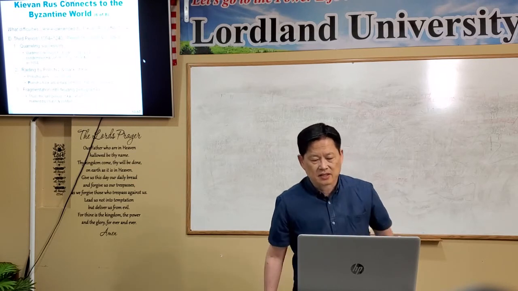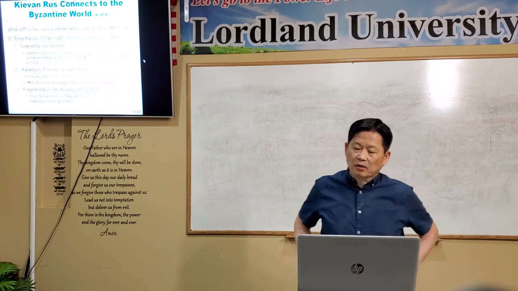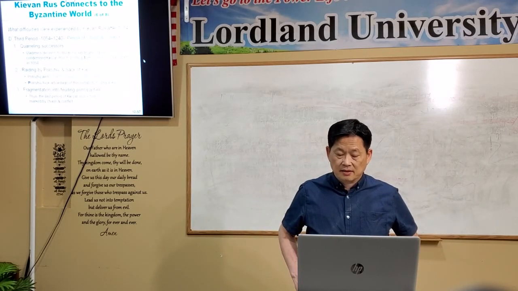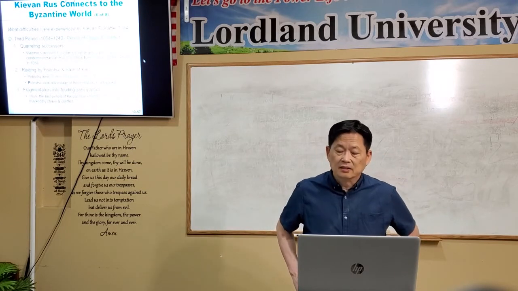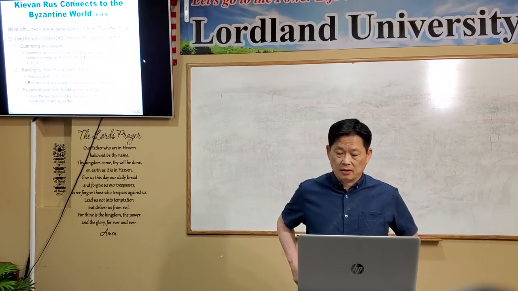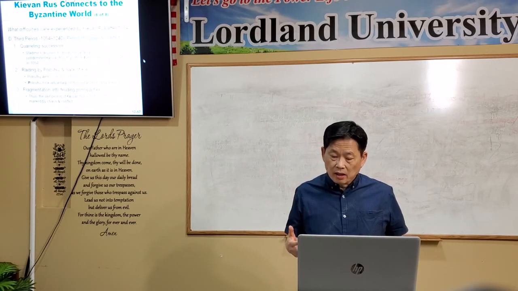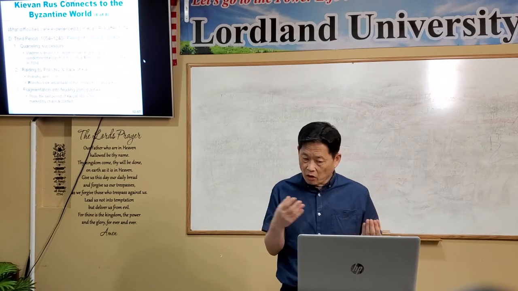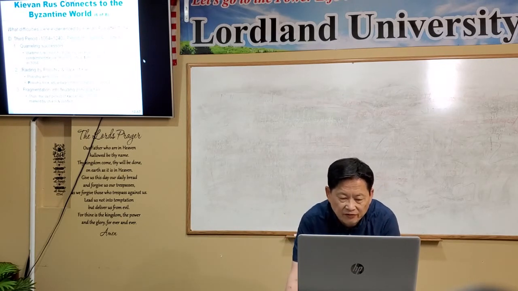Number one, quarreling successors. Vladimir's decision to divide his land among his five sons condemned Kievan Rus to political turmoil and civil war. This civil war and political turmoil among his five sons started in 1054.